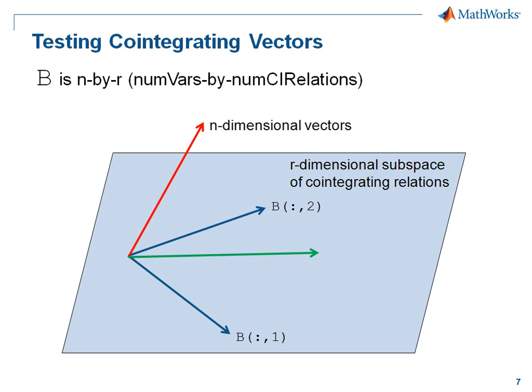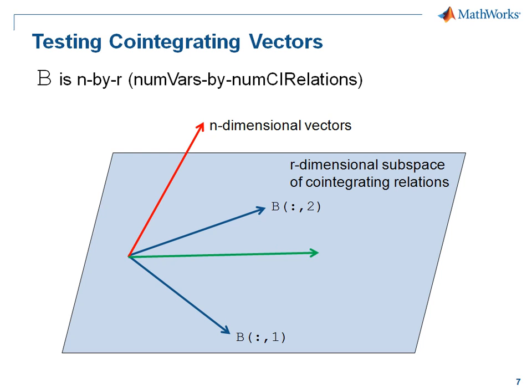our matrix B of cointegrating relations is n by r. So remember, n is our number of variables. It would be 3 in the case of our interest rate data, and r is the rank of the error correction term and the matrices A and B. It represents the number of cointegrating relationships that we've found by testing.